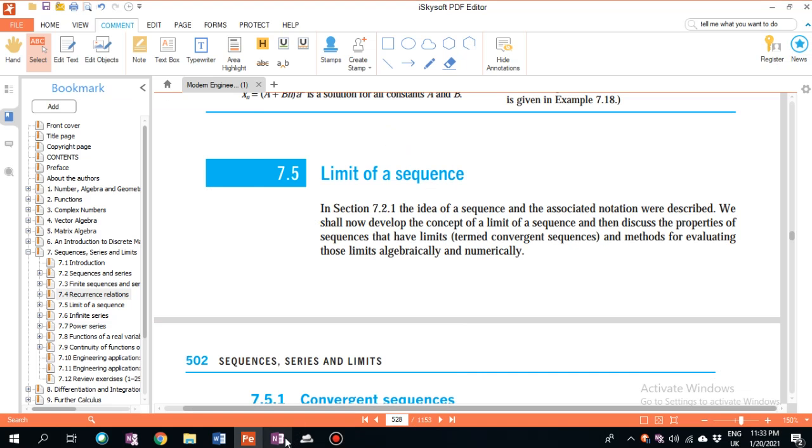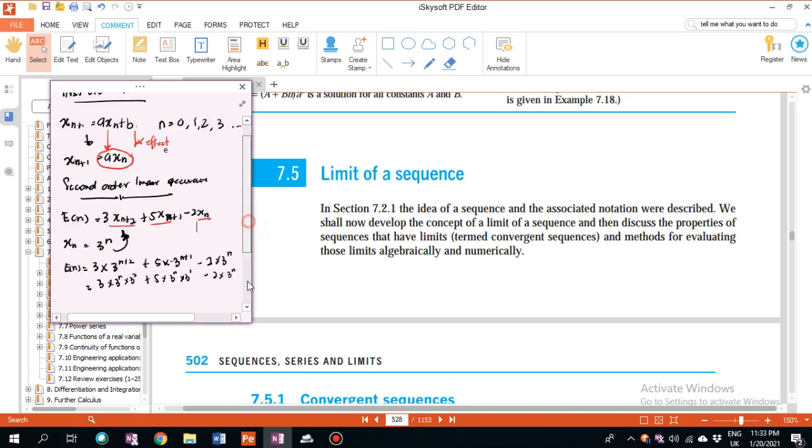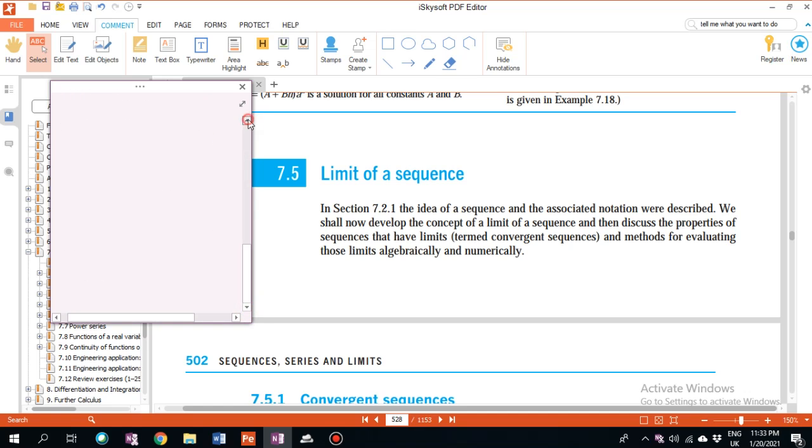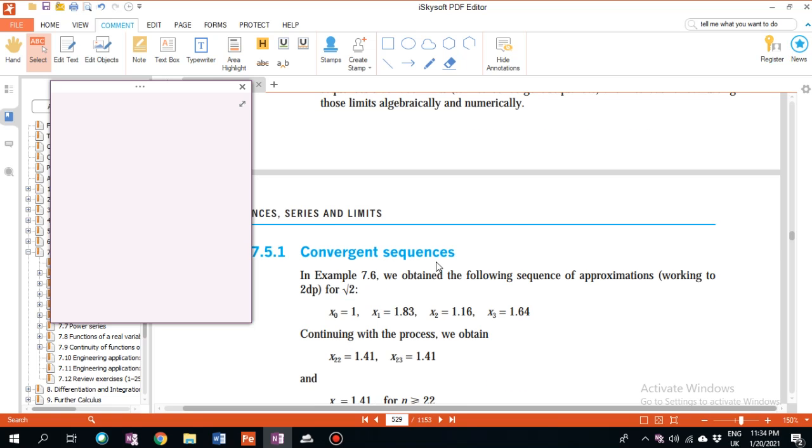Next is all about limits and sequences. In this section we are talking about how each sequence should have a limit, or we call it a converged sequence. What is a converged sequence?